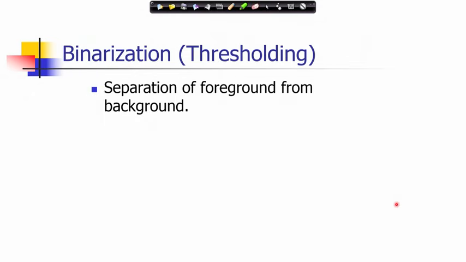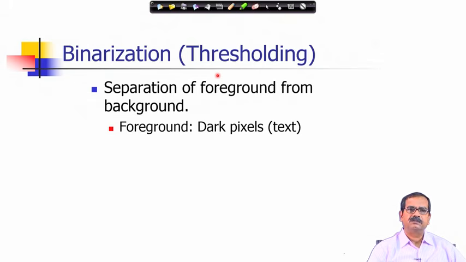One of the problems of document image analysis is to separate the foreground from the background, and this process is called the binarization process. One of the simple techniques of binarization is using a threshold value to declare whether a pixel is foreground or background.